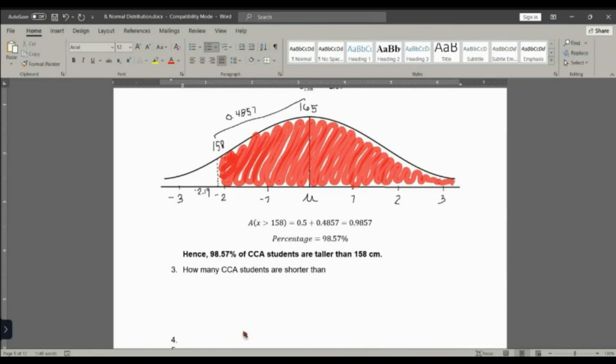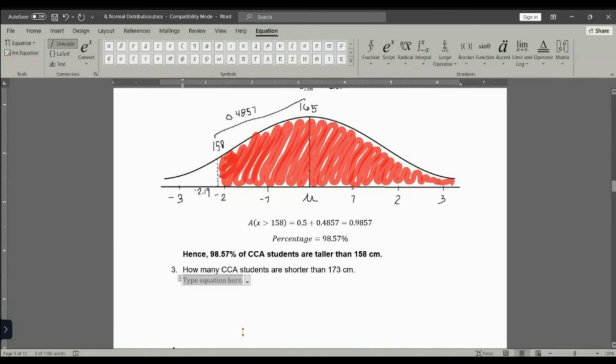I need the specific number of students who are shorter than 173 centimeters. So first, the z-score. What is the z-score of 173?